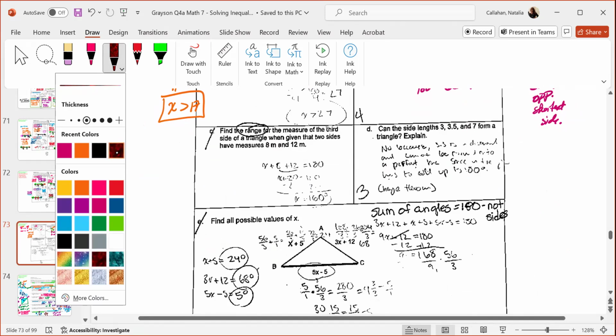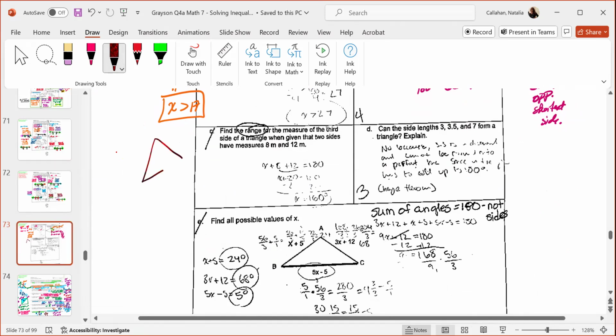Find the range of the measurement of the third side of a triangle when given the two sides have the measurement 8 and 12. You need to draw a picture of it. When it's asking for the range, remember how we do with two different parts? We assume we have two short sides, correct?